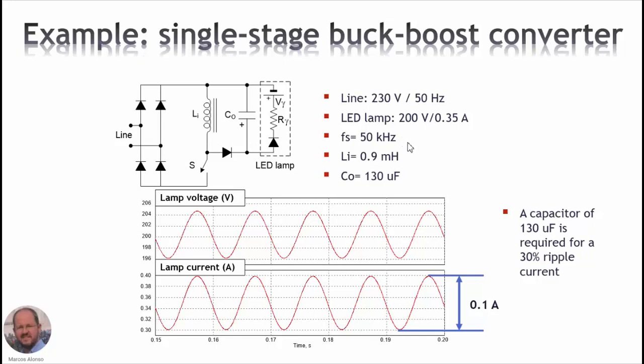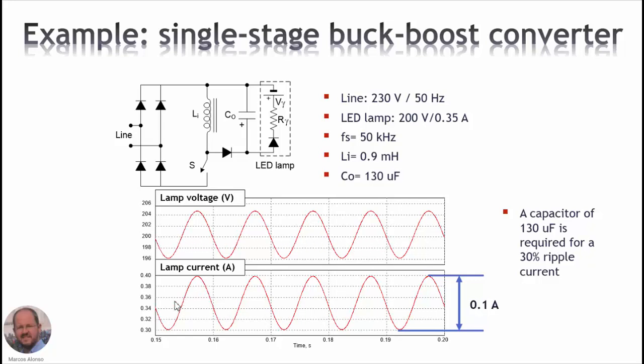Calculating the inductor for this application, we require 0.9 millihenries. And then we have selected here an output capacitor of 130 microfarads. So with this capacitor, the waveforms are shown here. These are simulation waveforms. This is the lamp voltage with an average value of 200 volts.